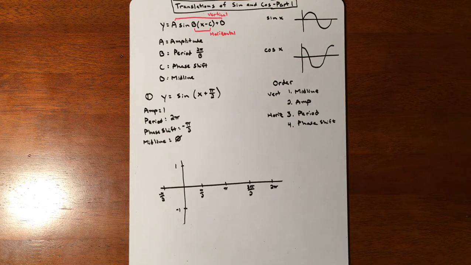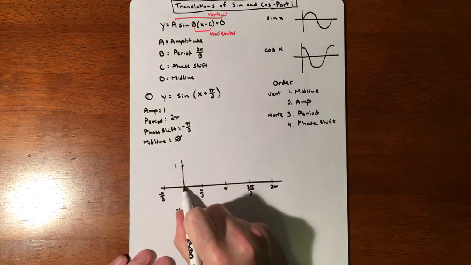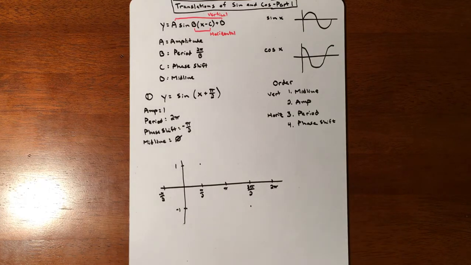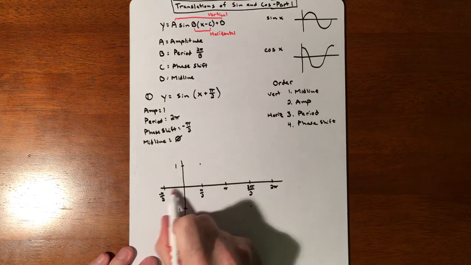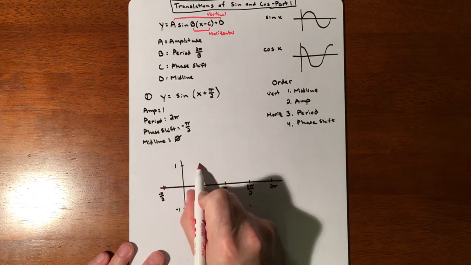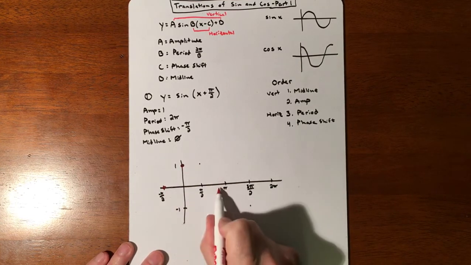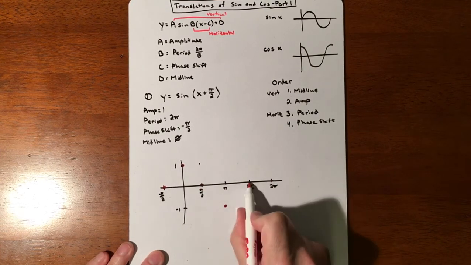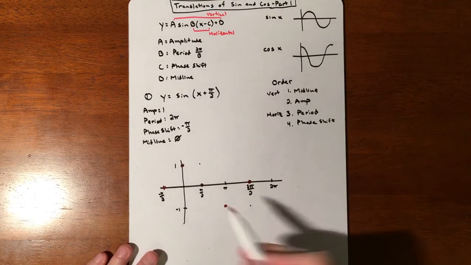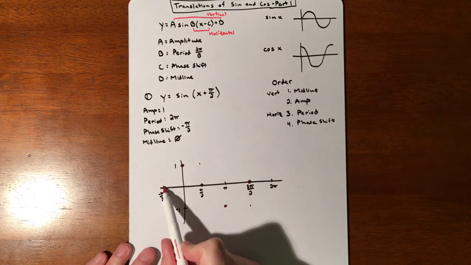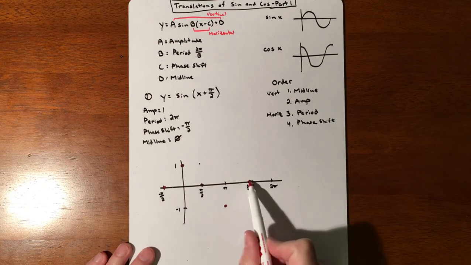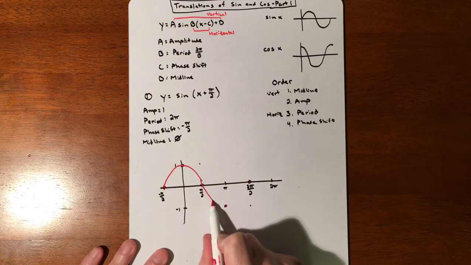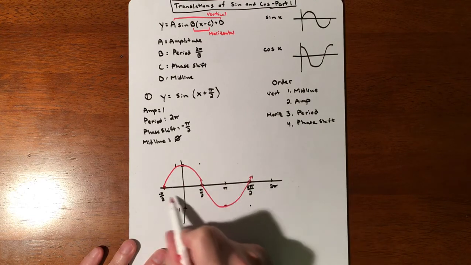A couple ways to do this: you could lightly put all the points that you would have graphed and then just shift them back. Or just shift your first point and then just know we're going to go up, go down, and go back up. That is one full cycle.